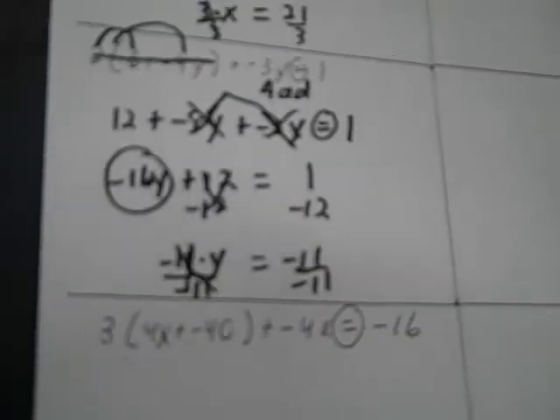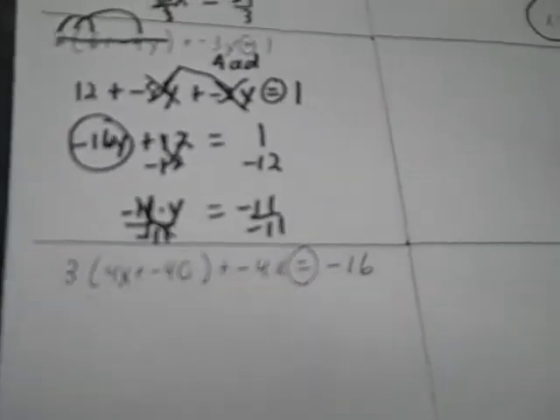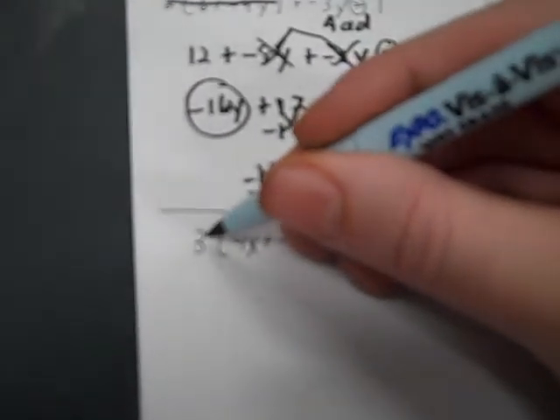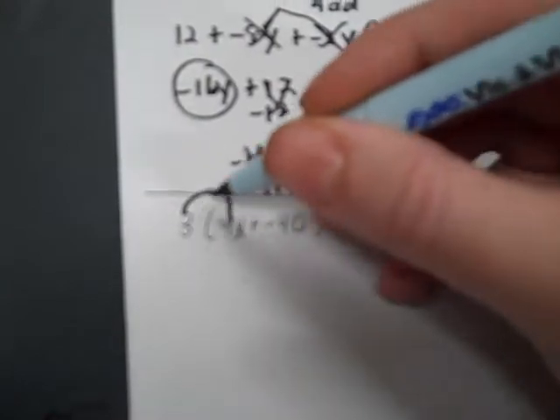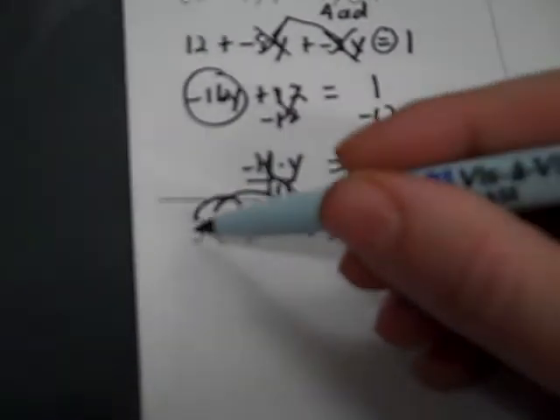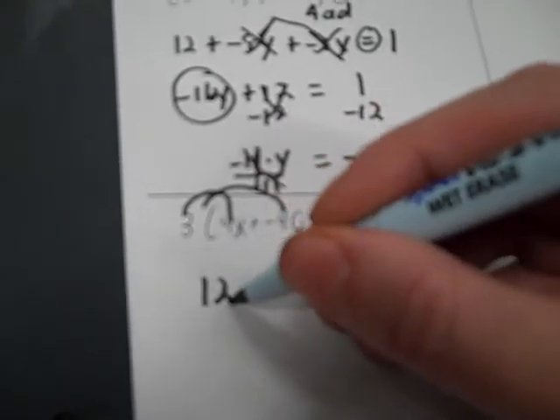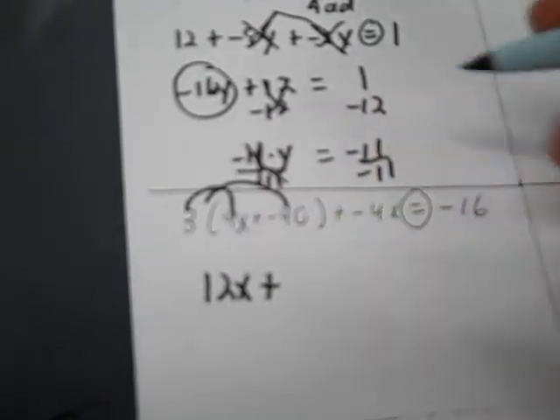Okay, next problem. There's 2 x's. There's a parentheses first, though, so you need to get rid of that. It has an outside multiplier of 3. So I take 3 times 4x and 3 times negative 40. Now 3 times 4 is 12 with an x on it, plus, and then you got to go to your calculator probably and take 3 times negative 40.